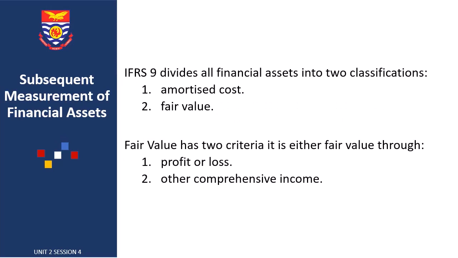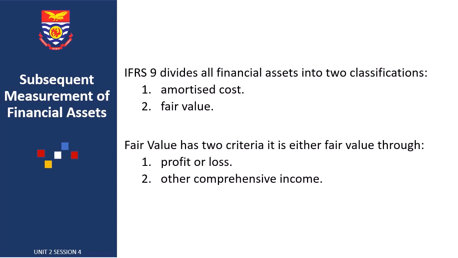Subsequent measurement of financial assets. IFRS 9 divides all financial assets into two classifications: amortized cost and fair value.